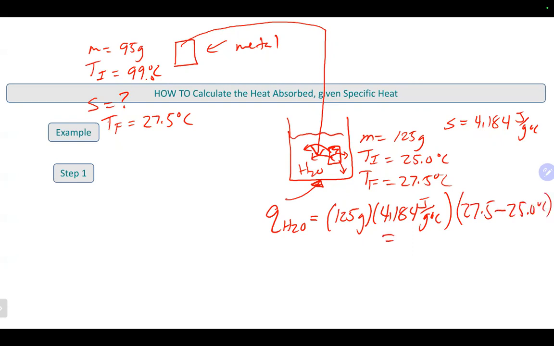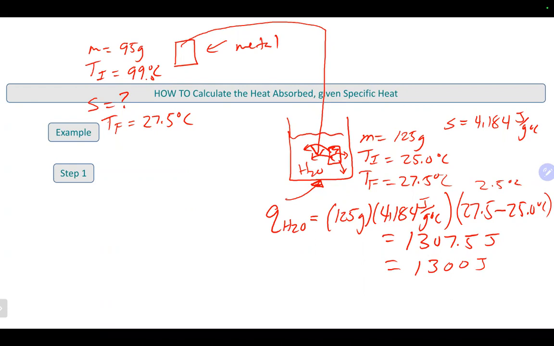And in this case here, we'll get approximately 1307.5 joules. Again, at this point, if you wanted to, you could go to 2 sig figs based off of that. So approximately 1,300 joules of energy. 1,300 joules of energy was absorbed by the water, which makes sense.